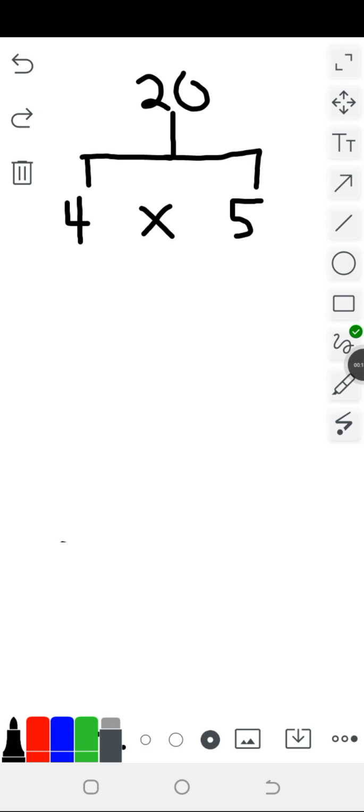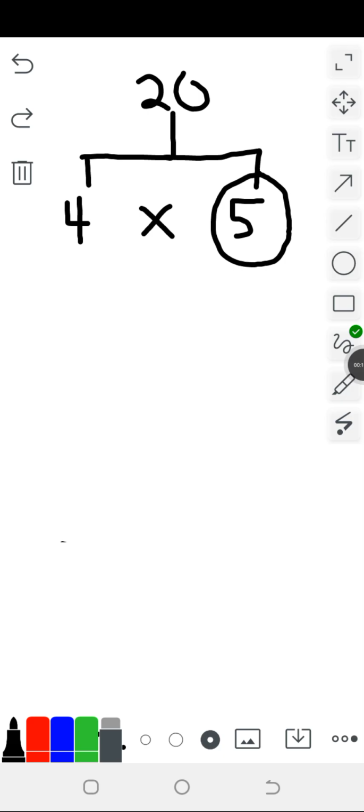Now, of the two numbers that I multiplied together to give me 20, I would ask, is any one a prime number? I would say yes. 5 is a prime number, so I would circle 5. That means I can't further break down 5 into prime factors because 5 is already a prime number.